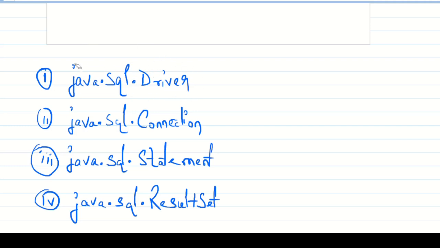This basically knows how we can create connections. The connections know how to communicate with the actual implementation, and statement is for executing queries, and if you are using select queries, then to store the result you use this result set interface, right? So this is the contract that we have with the JDBC.